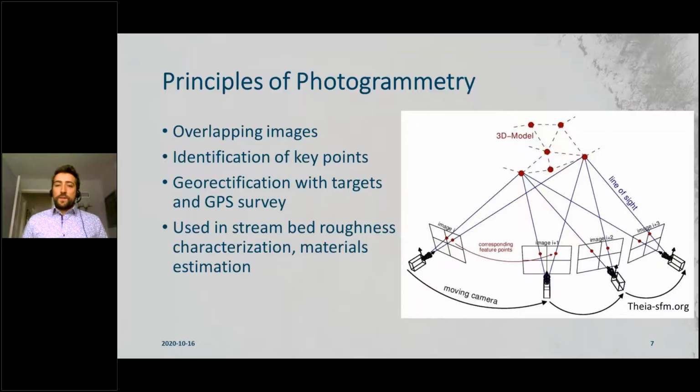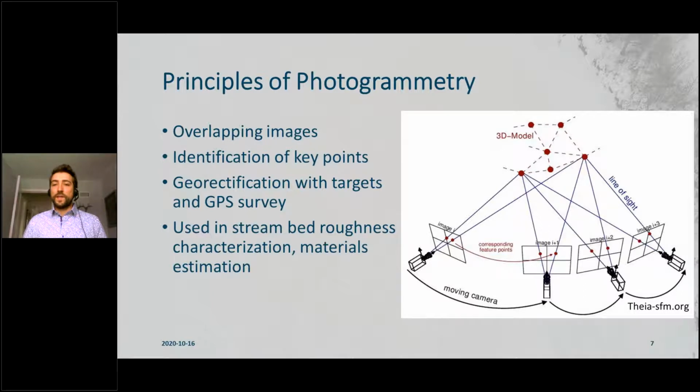So coupling drone aerial imagery with photogrammetry, we can produce a 3D surface model of our study area. Photogrammetry uses changes in perspective and common points observed across multiple photos to infer distance from the camera to the study object. So it uses parallax error, which is similar to how your eyes perceive depth.